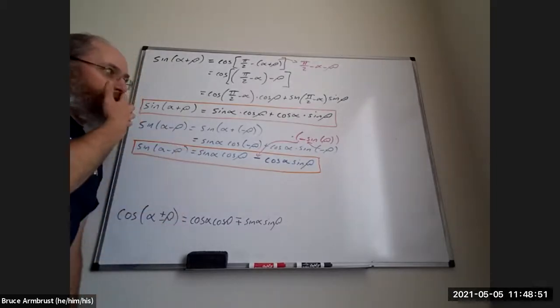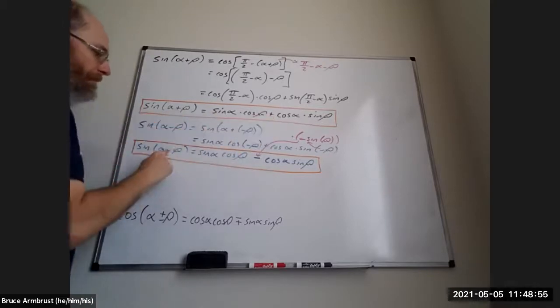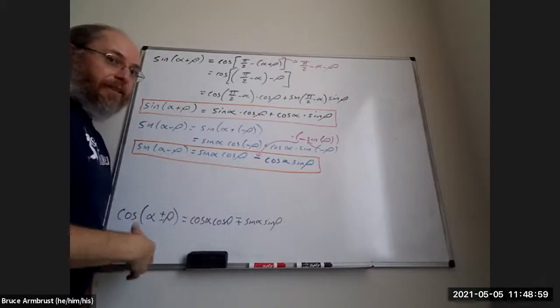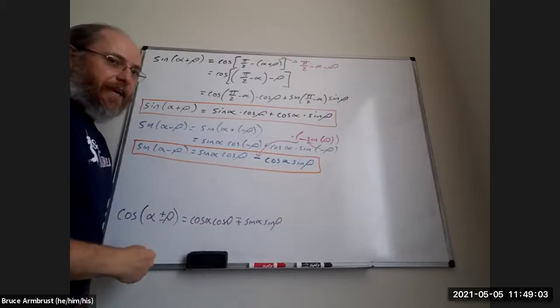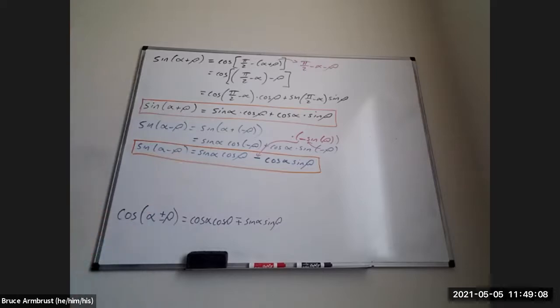But this one's a little bit different because the plus goes with the plus and the minus goes with the minus, as opposed to with the cosine, where we saw the adding of the angles led to subtraction and the difference of the angles led to addition. These two actually go together. But again, because they have the same form, you will often see them written together.